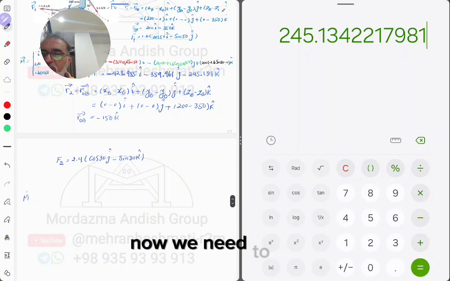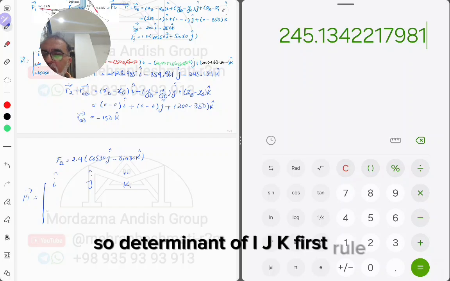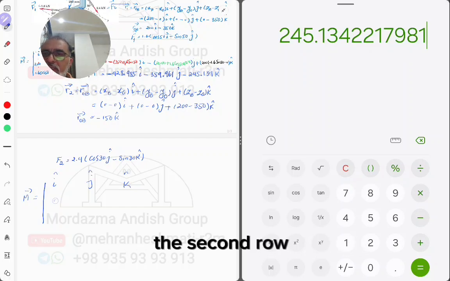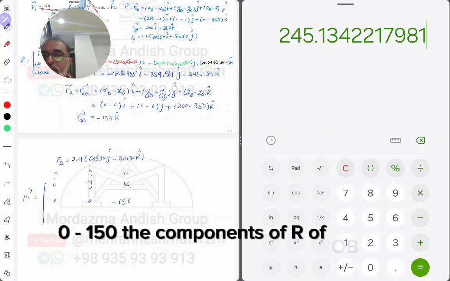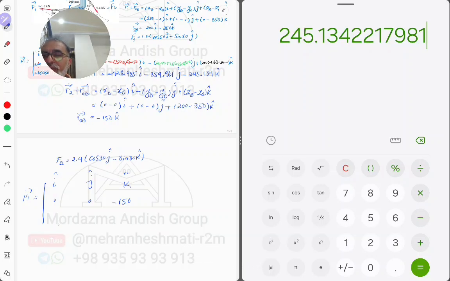Now we need to find M, so determinant of i, j, k in the first row. The second row, 0, 0, minus 150, the components of R of OB. And the third row, 0, 2.4 cosine of 30 and minus 2.4 sine of 30.